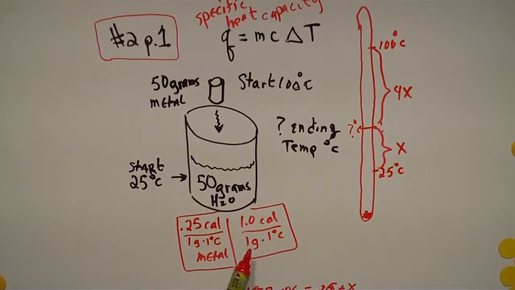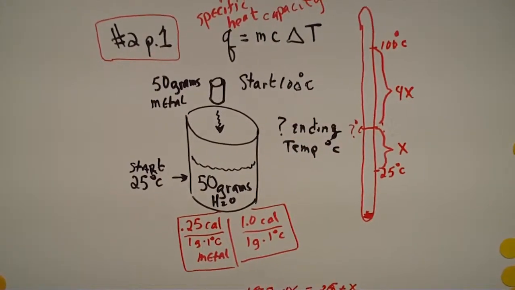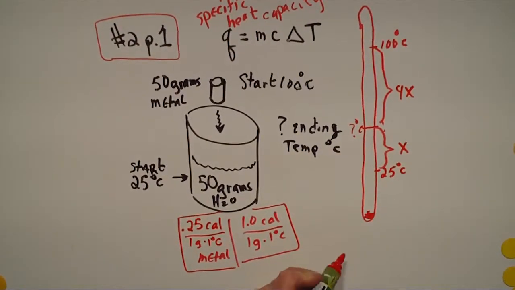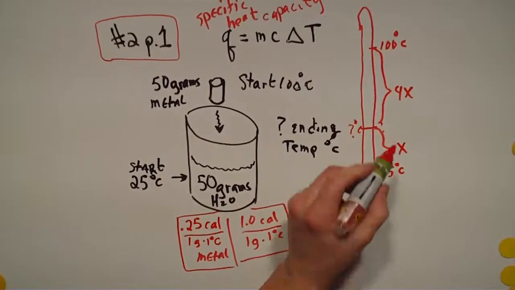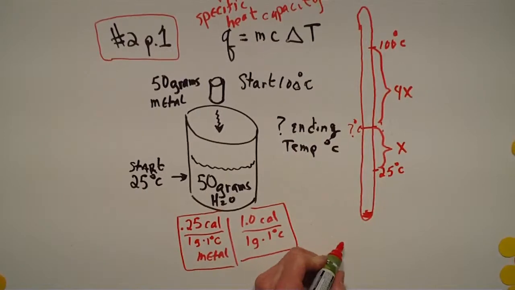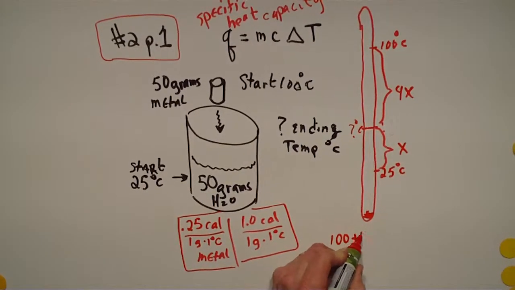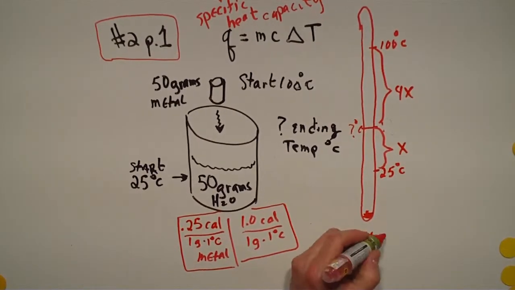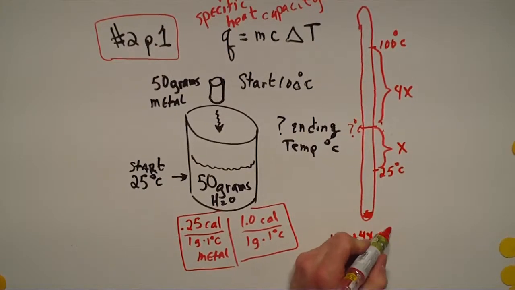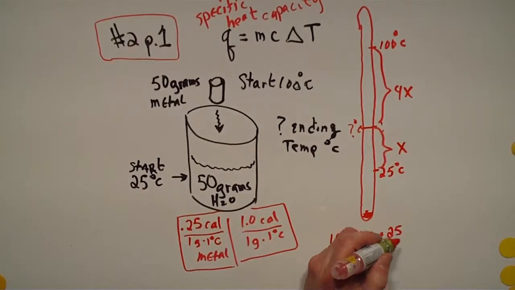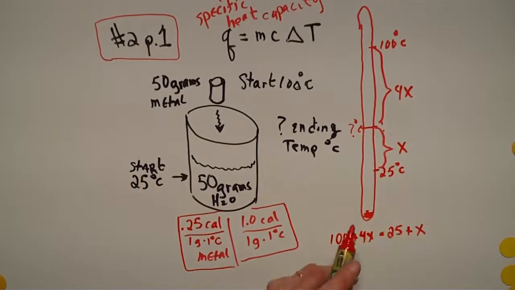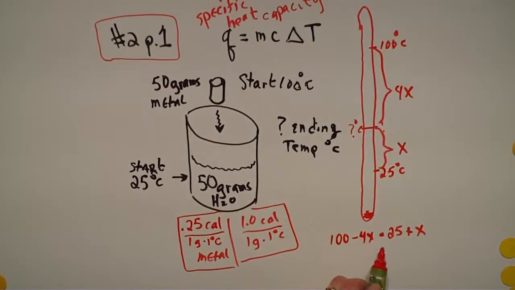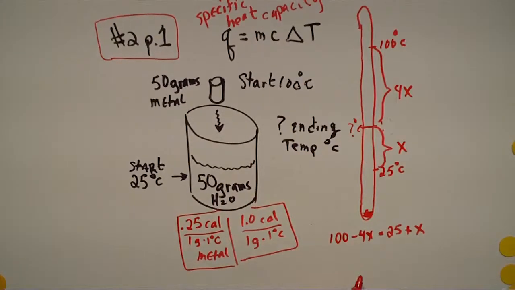Well, we know that since this is 4 and 1, we can set up an equation that says 100 minus 4x is going to be equal to 25 plus x. Okay, I got that right.